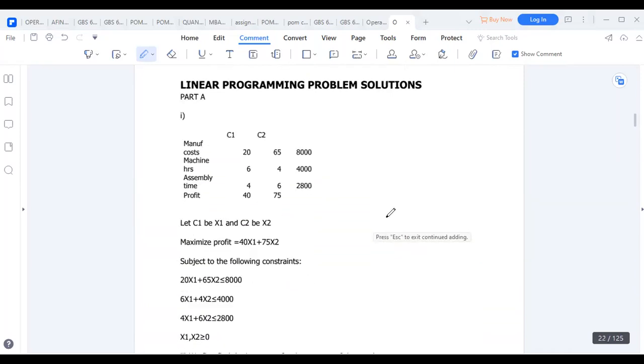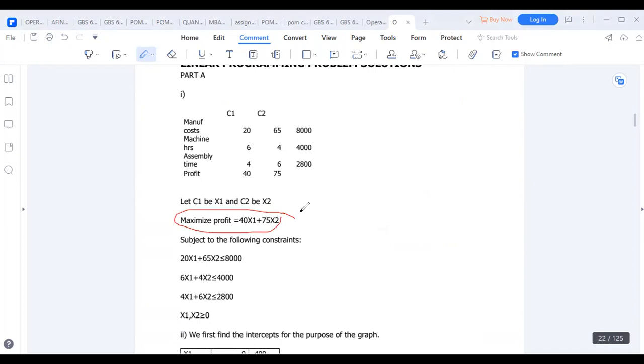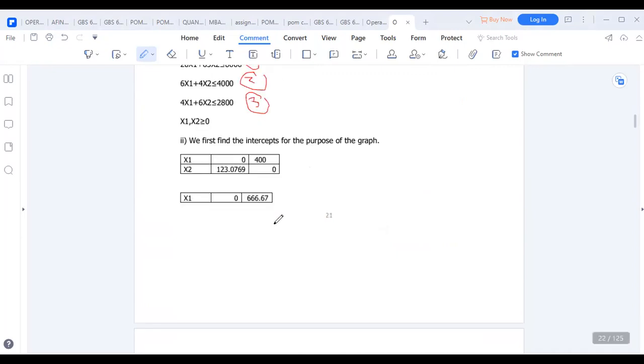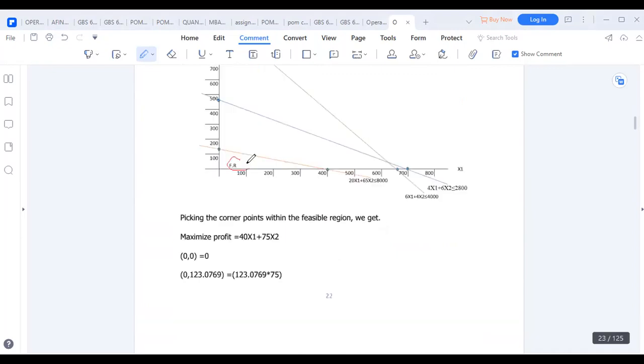So here, this is why they got this linear programming. You can see this is how I formulated my objective function. We're just confirming. Then constraint 1 was this one, constraint 2 was this one, constraint 3 was this one. Let's see the graphing. So this was the feasible region. So this confirms that.